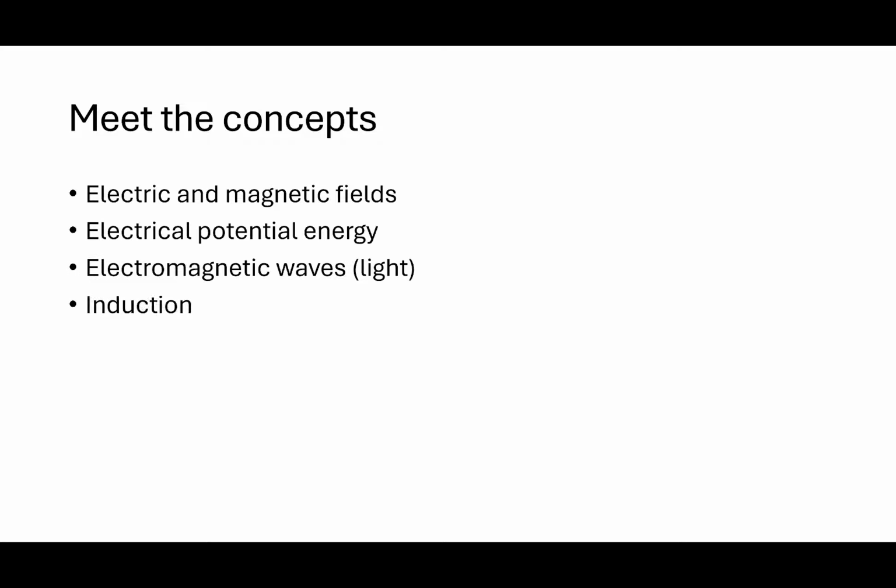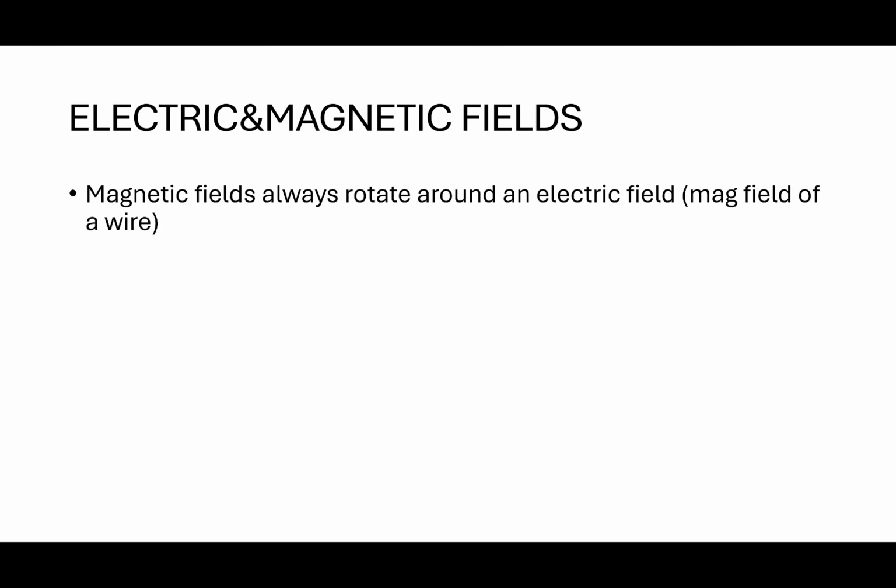Now, I'm gonna go through the concepts, and these are very, very complicated concepts, very high yield questions, and they tie in very closely to the working you need to do for each question with the electromagnetism formulas. So electric and magnetic fields, as we've explained before, the right hand grip rule, the magnetic fields will always rotate around an electric field, and you can find out the direction using the right hand grip rule.